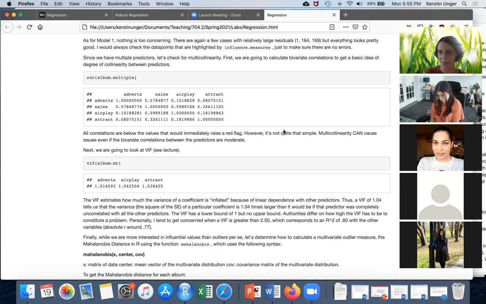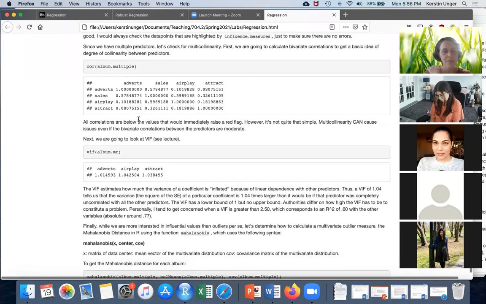I will upload the data to Blackboard as well, so that maybe you can run that yourself, as an extra document. It happens not that infrequently in real life, and it's also important to understand, but I'm getting ahead of myself. So here we just want to make sure that we don't have too much correlation between our predictors.